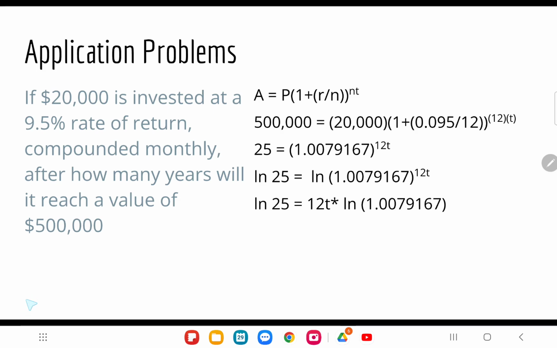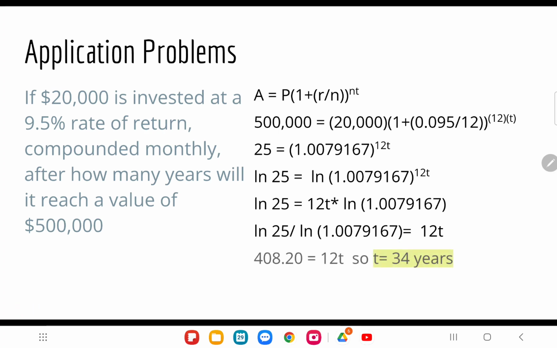So you can see that, again, this is what we would end up with the change of base formula. Natural log of 25 divided by natural log of 1.00796167 is equal to 12t. And t is going to be equal to approximately 34 years.